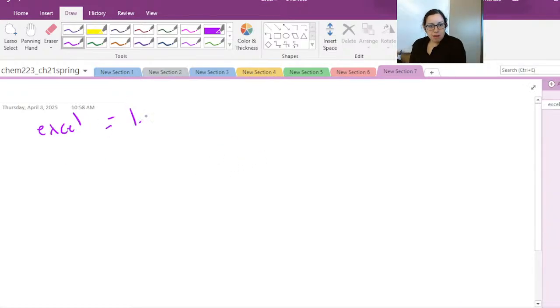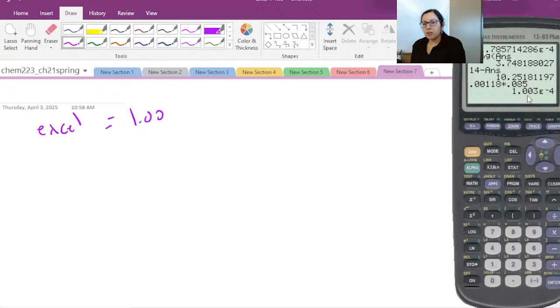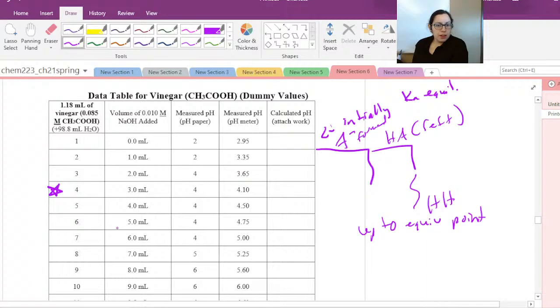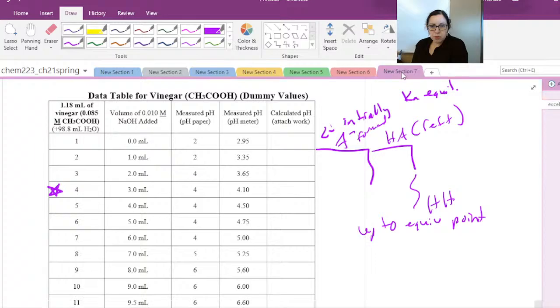But I'm more than happy to help you all later with your Excel charts. 3 times 10 to the negative fourth. Initial moles of vinegar. And so then we said, let's do a spot check here. So we're adding 3 mils of 0.01 molar NaOH.